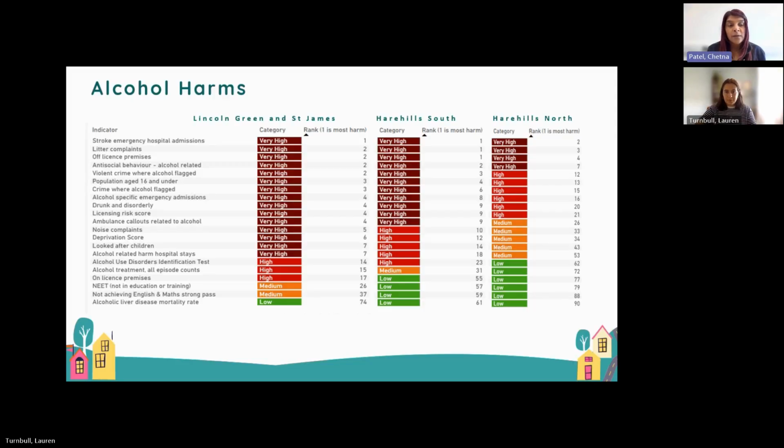We know through our consultation that parents are worried for their children, so we use protection from harm as a key objective, and we've had some great success last year. I think we had over 15 licenses that were either revoked or not granted or given conditions. So we had some real success there around stopping new licensed premises in the area.